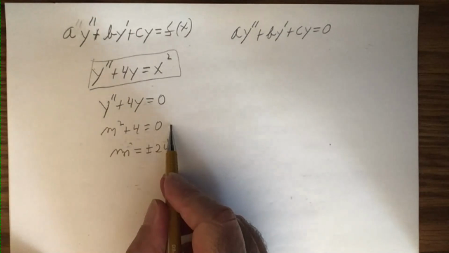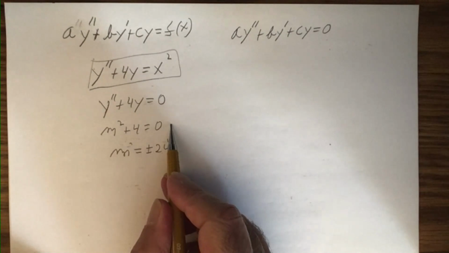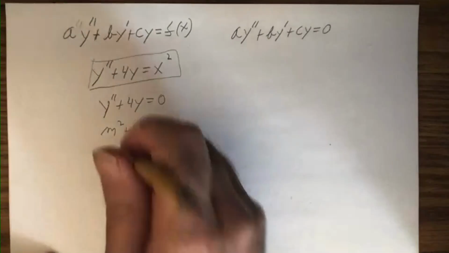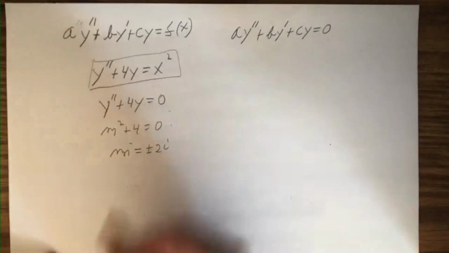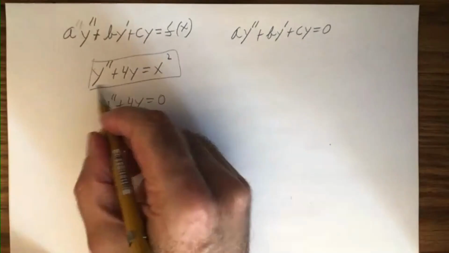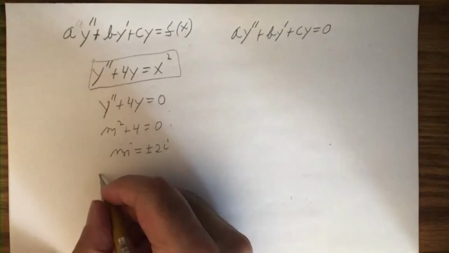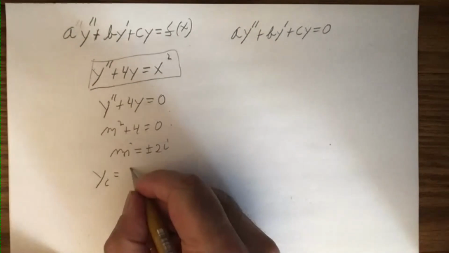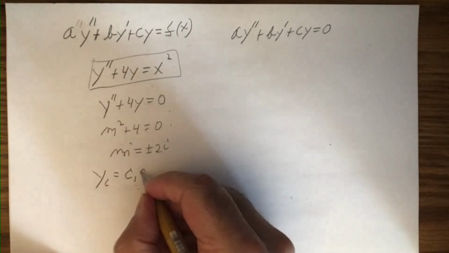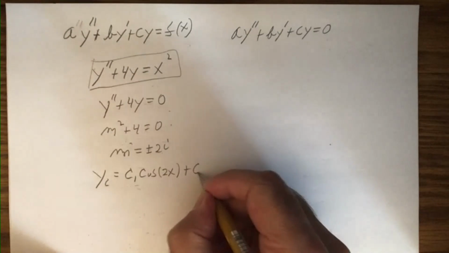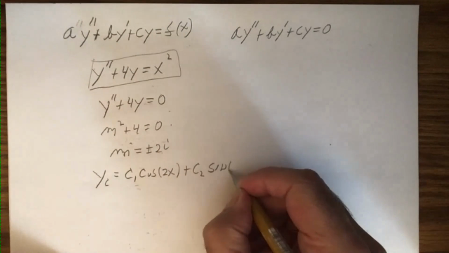I bring this over to here, and you get minus 4. You take the square root of both sides, and because it's negative, I get plus or minus 2i. So therefore, the solution, which we call the complementary solution, is going to be equal to C1 cosine of 2x plus C2 sine of 2x.